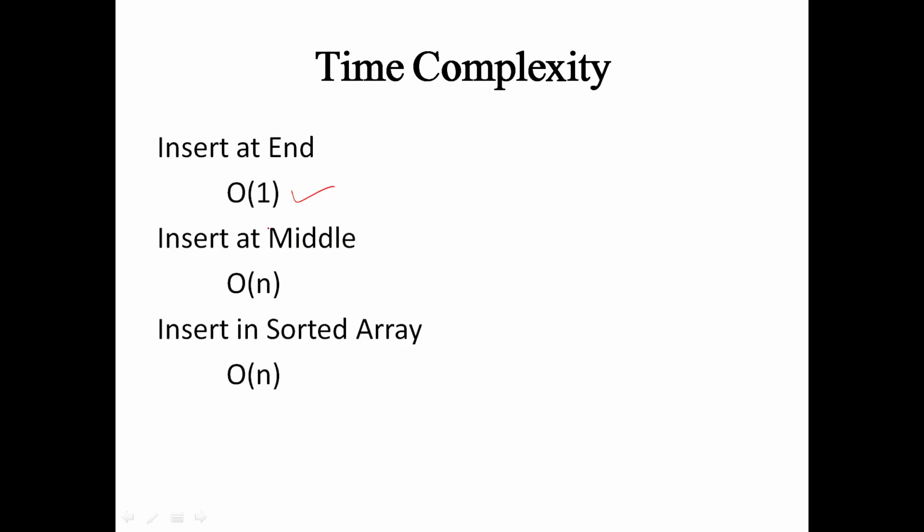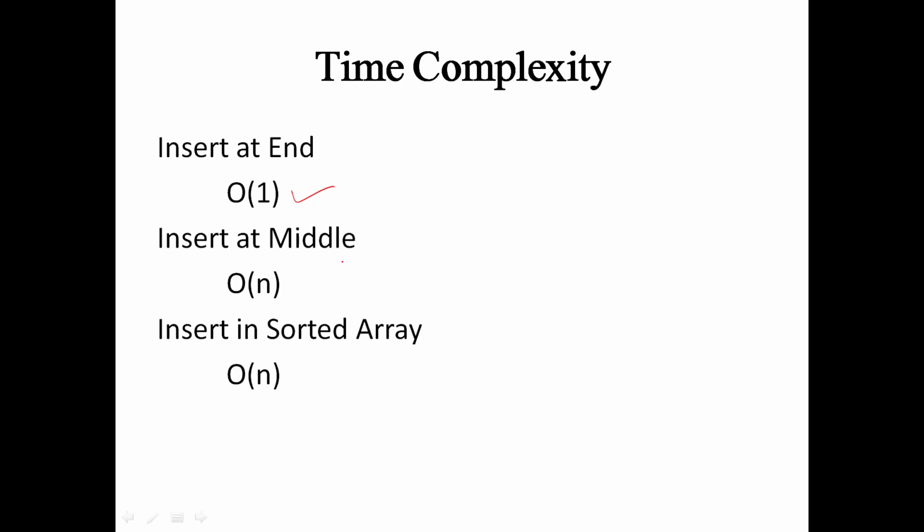Insertion in the middle requires movement of several elements, and we always take the worst case, that is the upper bound, right? I hope you have gone through the video on big O notation. So big O always takes the upper bound, the maximum. For example, your university exam time duration is 3 hours.